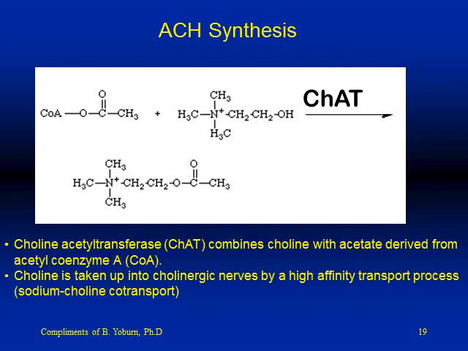Where does the acetate come from? It comes from the mitochondria through the production of something called acetyl coenzyme A. So that acetyl coenzyme A is used here as an acetate donor. And the enzyme choline acetyltransferase will take that acetate group and acetylate the choline to form acetylcholine, which is depicted for you as the lower structure.